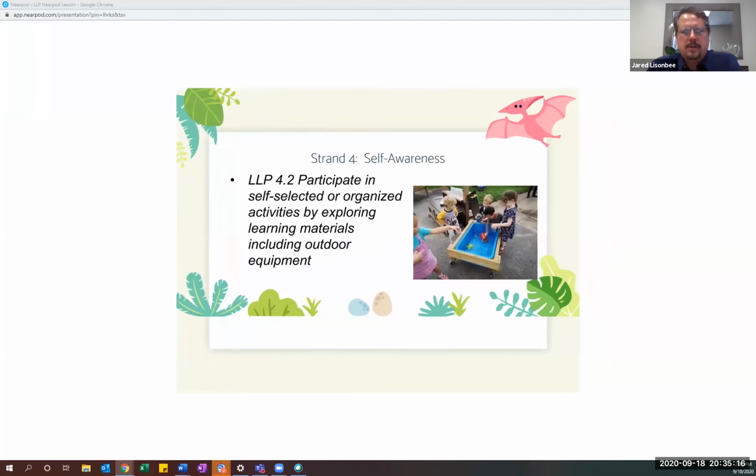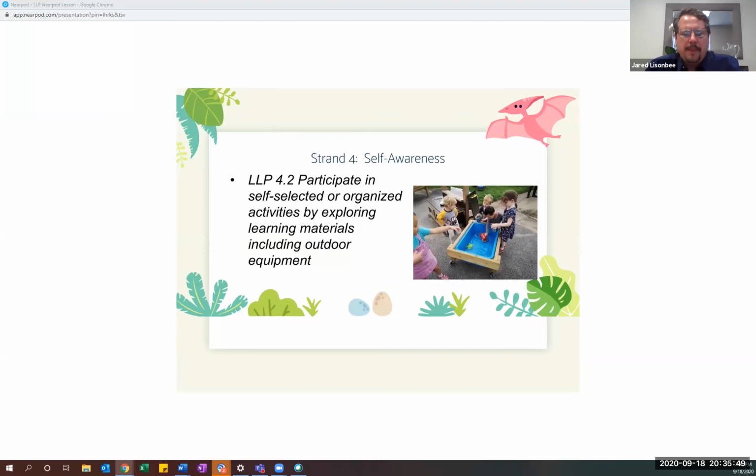So the next standard: participate in self-selected or organized activities by exploring learning materials, including outdoor equipment. Just a little aside, going back to the thinking of the writing committee, we had quite a few discussions on how we really wanted to communicate that learning, self-awareness, and self-regulation really happen in a beautiful way in the outside environment or the outdoor classroom.